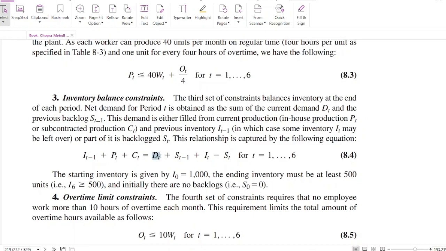Just this is coming new. Last month's inventory, current month's inventory, last month's stock out, current month's stock out, this month's production, and this month's subcontracting, and the demand.